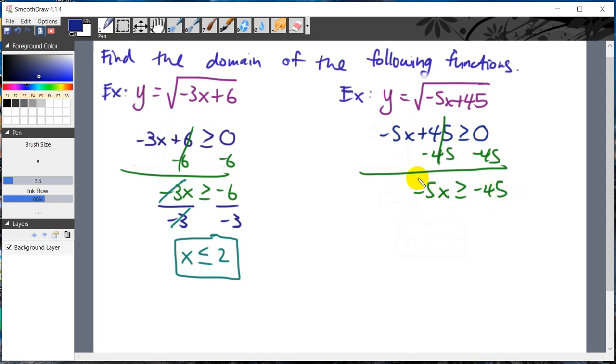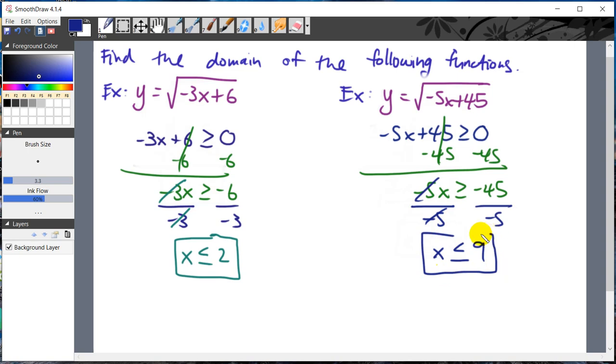Then we divide by negative 5, so this cancels. And again, you see this inequality sign? We're going to flip it again because we're dividing by a negative. Negative 45 divided by negative 5 is positive 9.